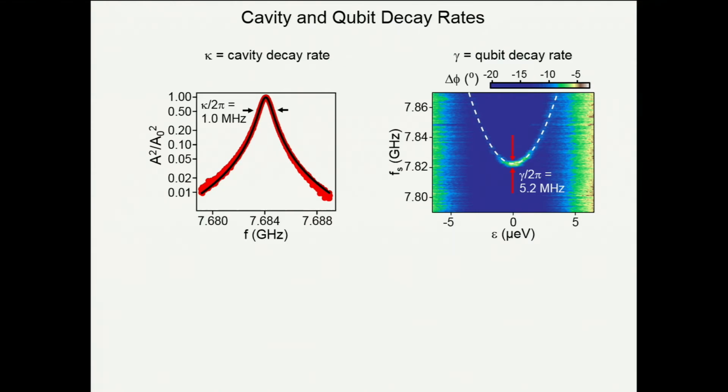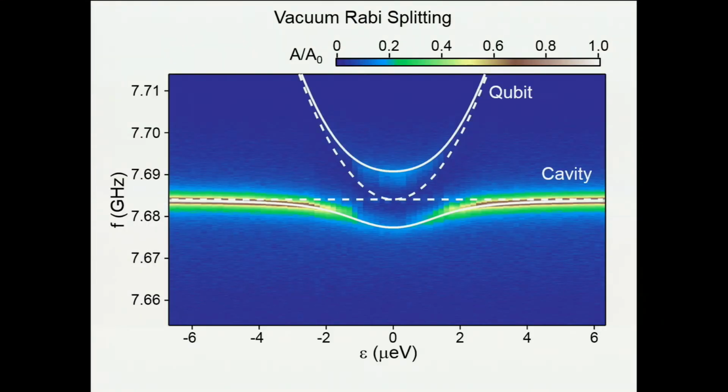We have a 1 megahertz photon loss rate, a 5 megahertz qubit loss rate. How does that compare to the charge cavity coupling rate? What's shown here is the cavity transmission plotted as a function of frequency. And this axis here is our detuning. Remember, the detuning is just the energy level splitting in the double dot. 0 detuning means the left dot is in resonance with the right dot.